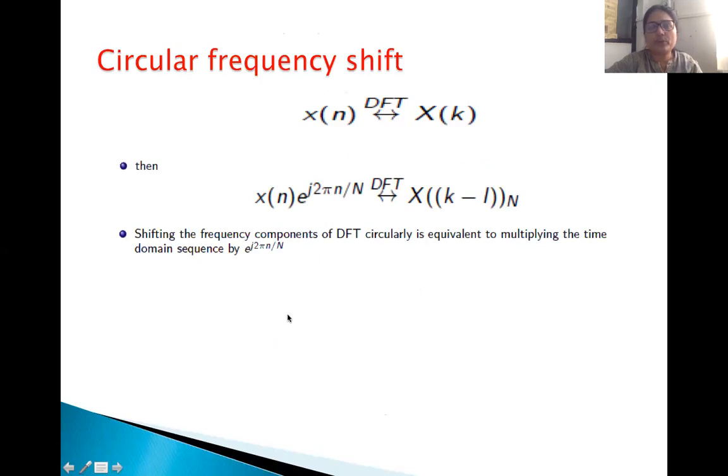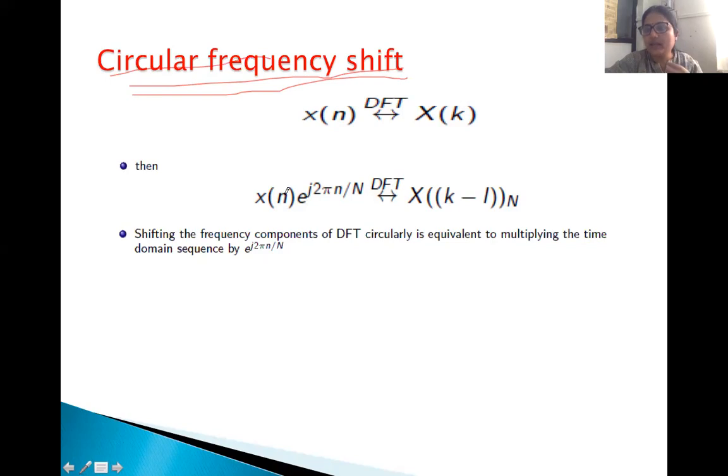Okay, the next property of DFT is called circular frequency shift. If the input sequence is x of n, its corresponding DFT values are X of k.